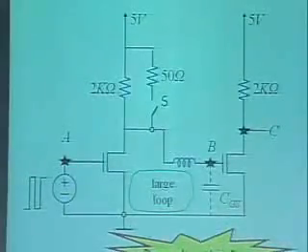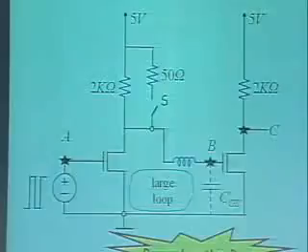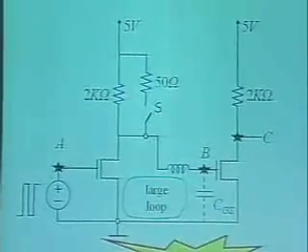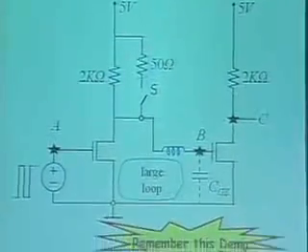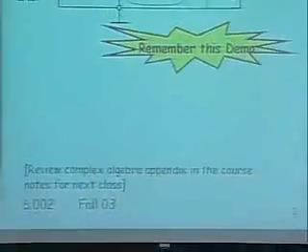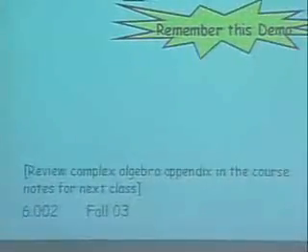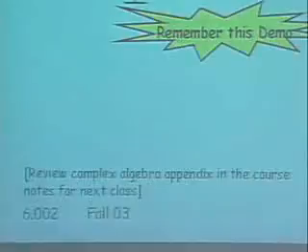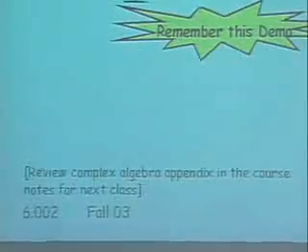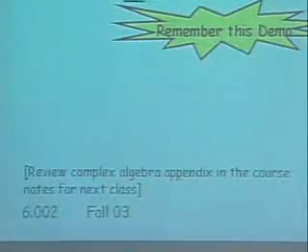So just to remind you, for Tuesday's lecture, it would help if you quickly reviewed the appendix on complex algebra in the course notes. Okay, remember all the real and imaginary, j omega stuff? So it'd be good to very quickly skim through that. It's a couple pages.